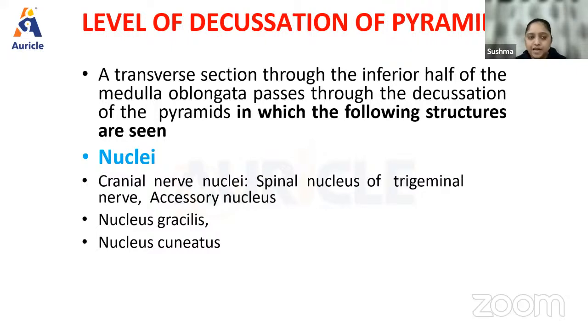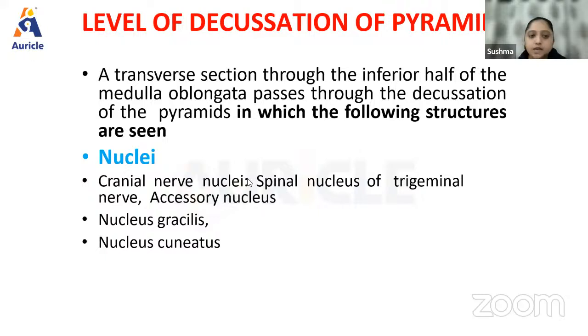Mesencephalic is proprioception, and you will tell me in the next class what the spinal nucleus carries. What sensation does the spinal nucleus carry? And what part of the trigeminal nucleus lies in the medulla oblongata? That is the spinal nucleus.